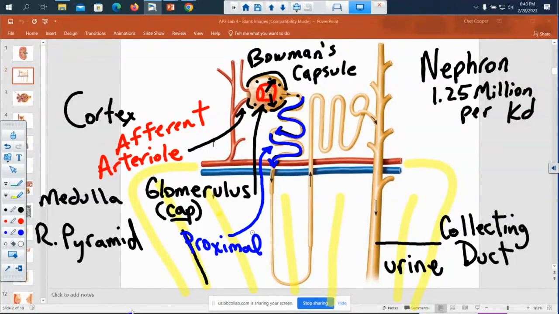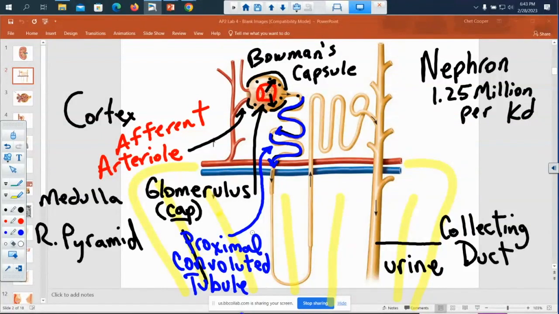It is curved. A word that means curved is convoluted. And it's a tiny tube, so they call it a tubule. Proximal convoluted tubule.